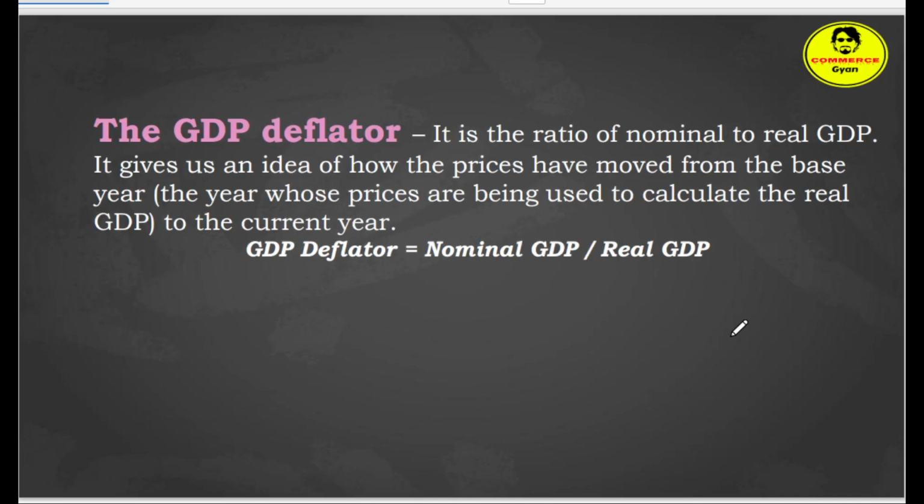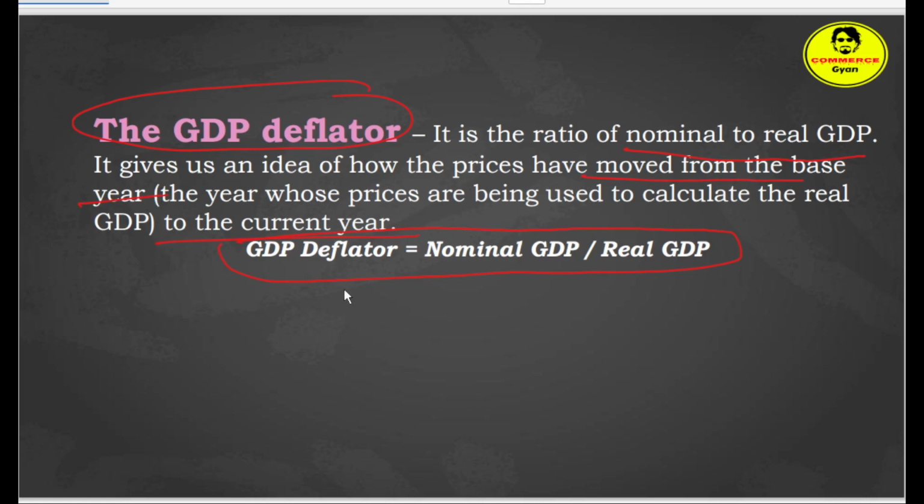The next concept is the GDP deflator, right? It is the ratio of nominal to real GDP. That means GDP deflator equals nominal GDP upon real GDP. It gives an idea of how prices have moved from the base year to the current price, right?